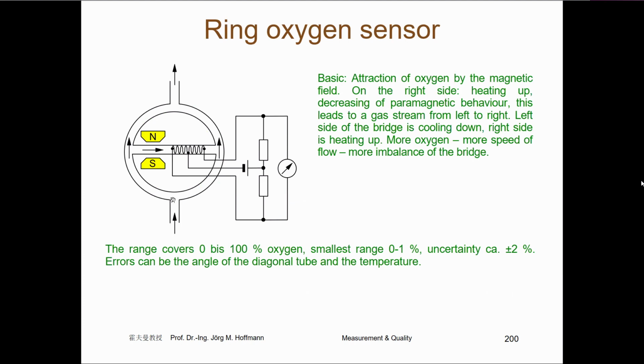Let me explain at first this one: you have here a bridge, and on the other side of the bridge two resistance wires, and you run the bridge with a voltage so that these two resistances, these are wires, are heated up. The current is so high that you heat them lightly up. Both have a higher temperature.